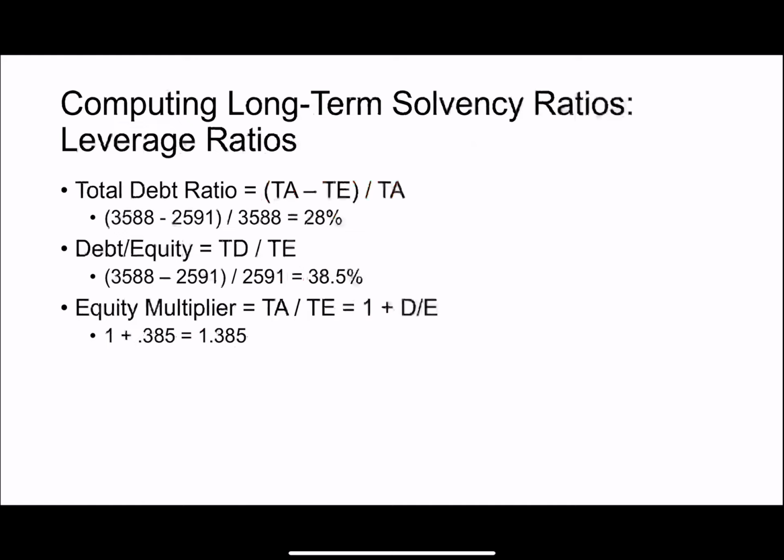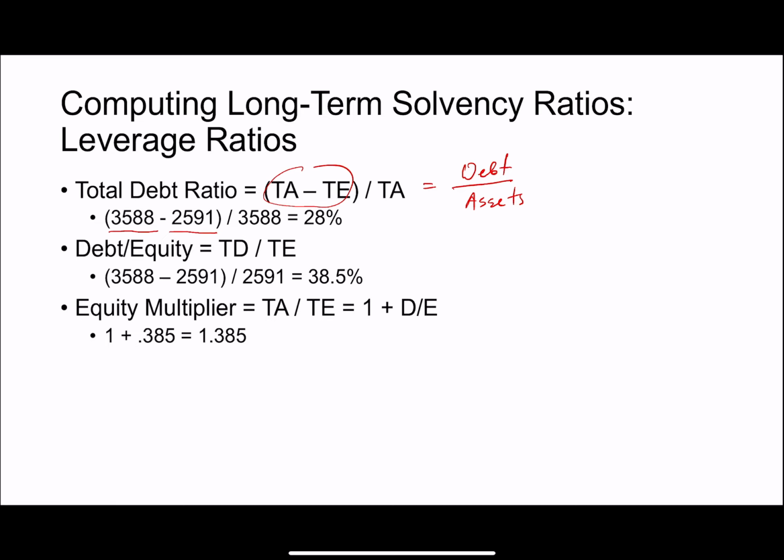So the first obvious ratio would be your total debt ratio, which is equal to total debt divided by assets. And total debt, as you can see, is defined simply as total assets minus total equity. In the case of our company, your total assets are 3588 and your total equity is 2591.